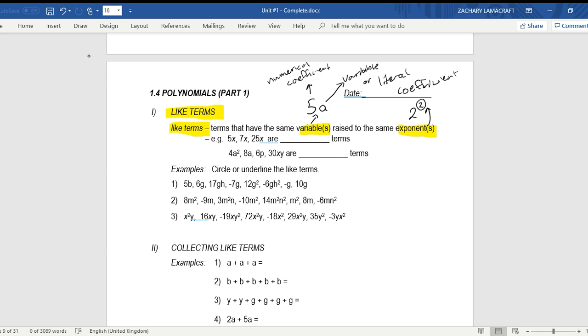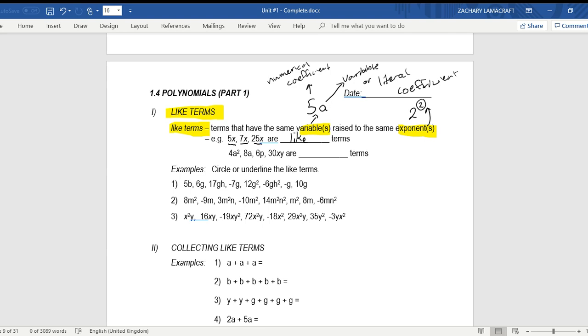Okay, so if we look at the terms 5x, 7x, and 25x, well, they're all different numbers, which is fine, but they all just have x. They don't have x squared, x cubed, all these different letters or numbers in there. They're all like terms because they share that x, okay, with the same exponent, or in this case, lack thereof.